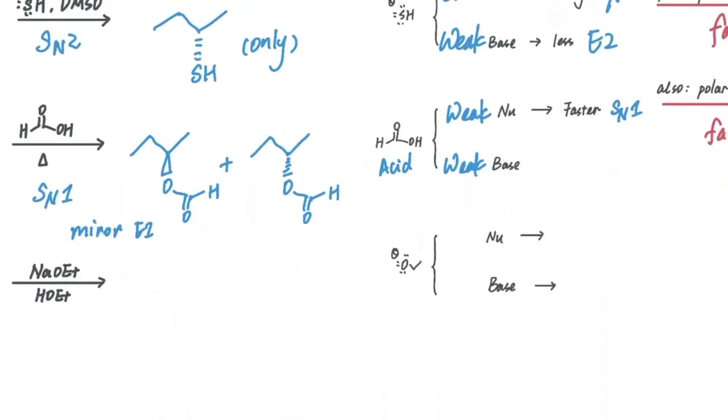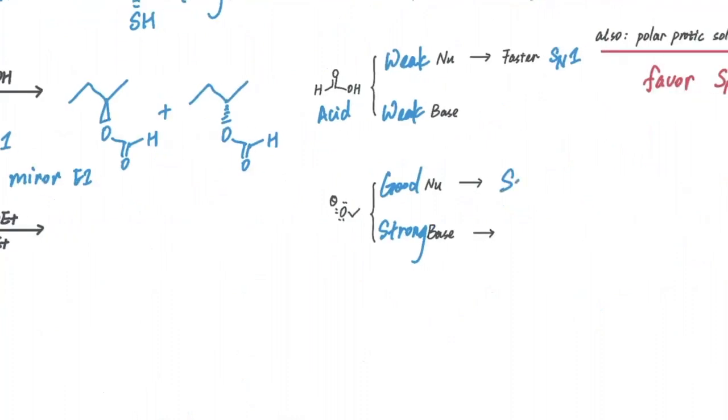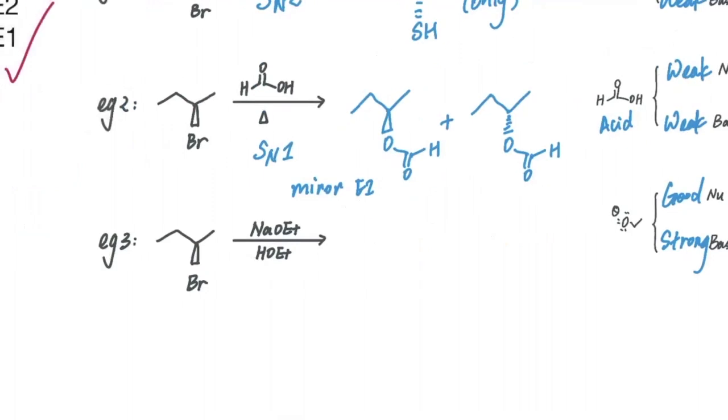This one, it's a good nucleophile, and it's also a strong base. So what would happen? If it's a good nucleophile, it's going to be SN2. If it's a strong base, it's going to be E2. But let's look at this one here.